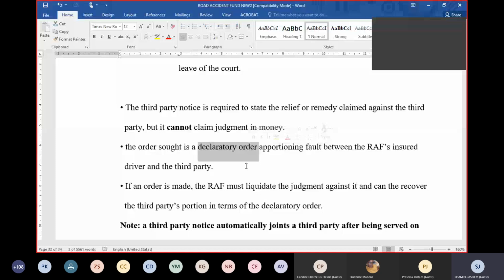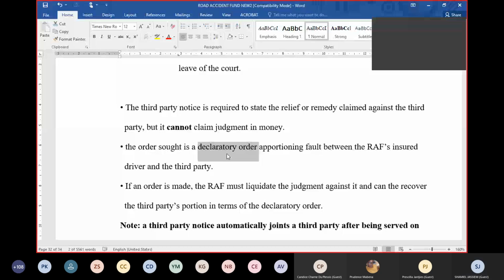So what I must do is, after judgment, I must satisfy the judgment. I will pay the plaintiff the 100,000, and after I've made payment to the plaintiff in the full amount in respect of the judgment, the 100,000 rand, I can then take this declaratory order without instituting proceedings against the third party. I can take this declaratory order and execute in terms of that declaratory order to recover the 90% against the third party. Everyone clear on that?